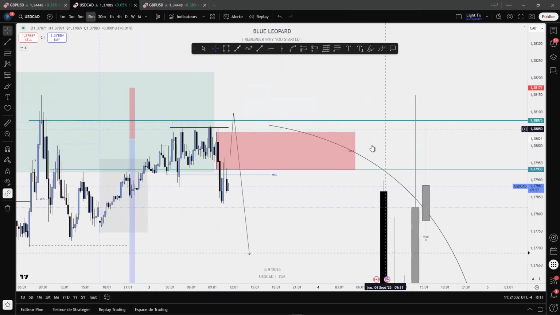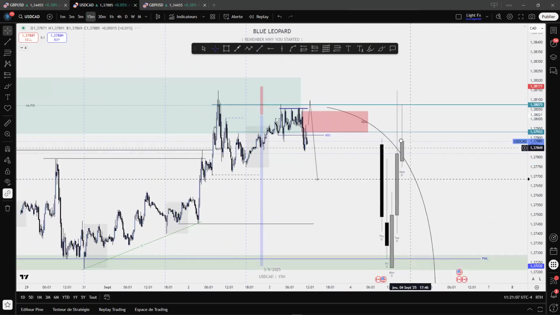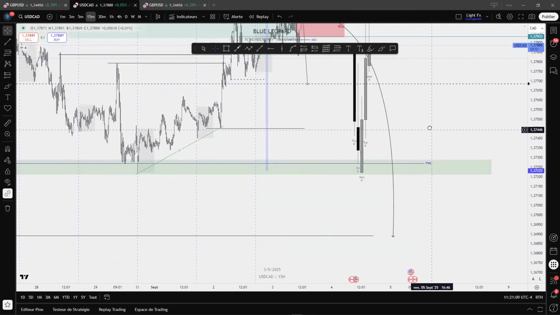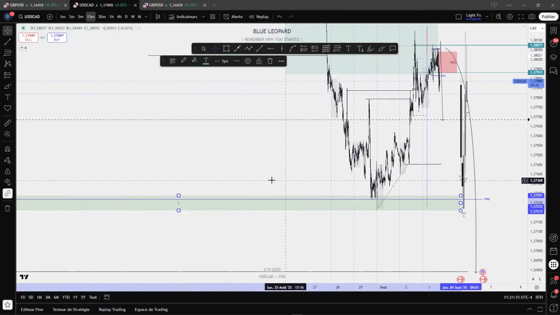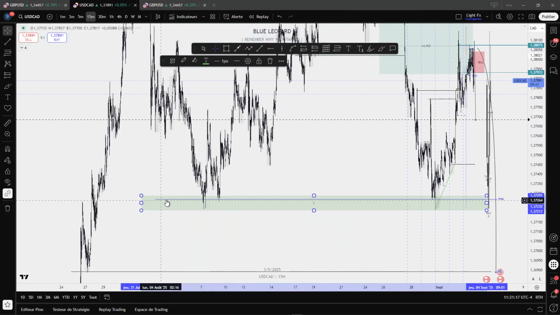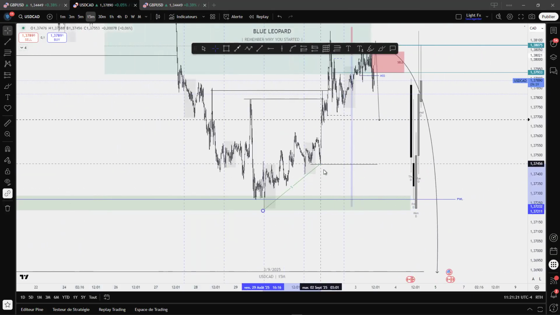So here I'm waiting for price to come here. Since this morning in my place, I drew this, and I was expecting price to come look for the previous weekly low that formed inside of this liquidity zone, and we created these equal lows here, and we left this trend line liquidity here.